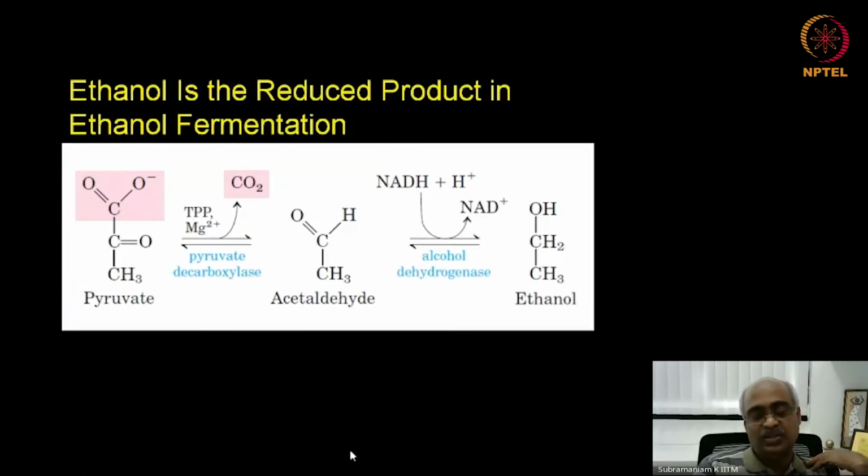Okay, so you will see a reaction later, not in today's class, where we are going to proceed from pyruvate to the oxidative phosphorylation step, where oxidative phosphorylation and pyruvate are linked by a cyclical metabolic pathway called the citric acid cycle or Krebs cycle.